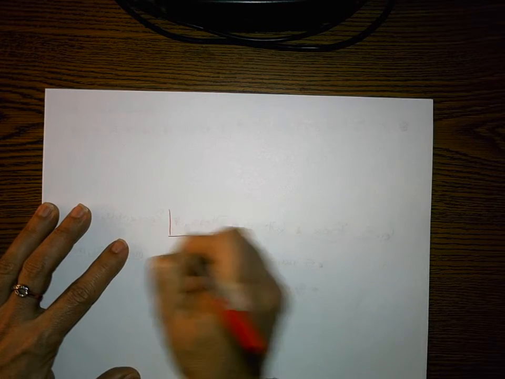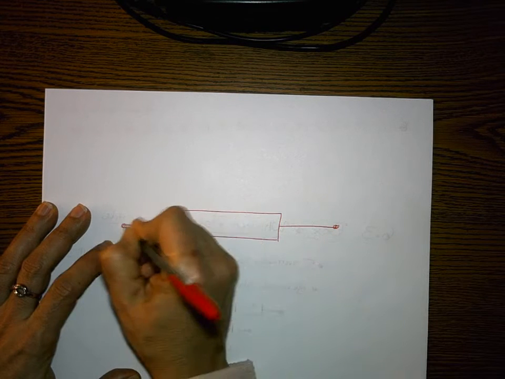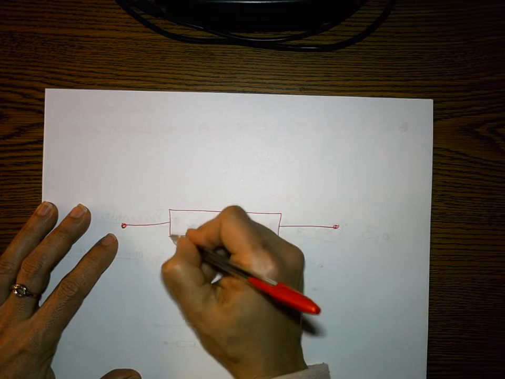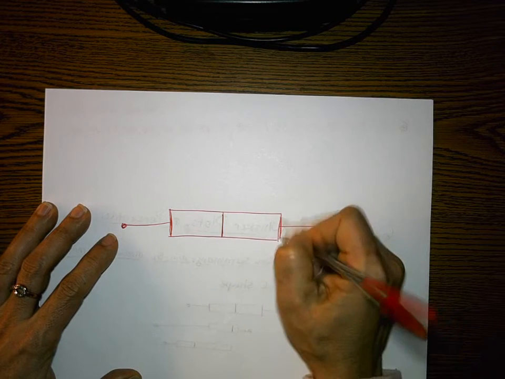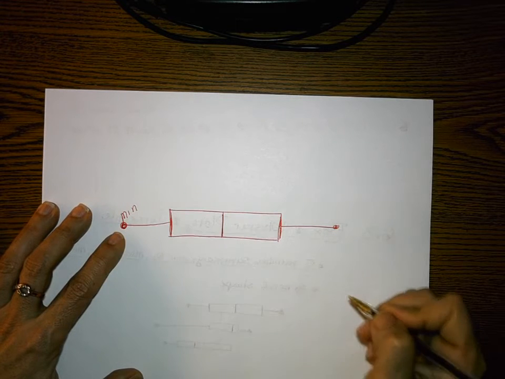But before, I am going to create the general shape of a box and whisker here. I have a box and a whisker, another whisker, and I'm just going to put a line in the middle. Each of these represents one of the numbers of the 5-number summary. This tiny little one here represents the minimum.